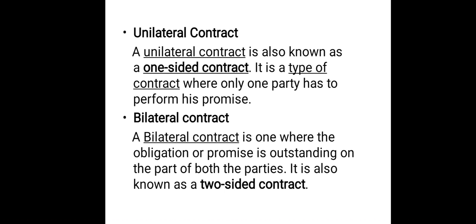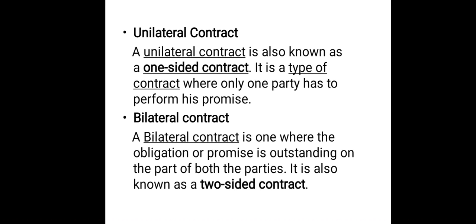Under the executory contract there are two kinds: one is unilateral contract, another is bilateral contract. Unilateral is also known as one-sided contract. It is a type of contract where only one party has to perform his promise. See, if a product is stolen by somebody, for that we generally put out an offer: those who find the product and surrender it to me, I'll pay 1 lakh.